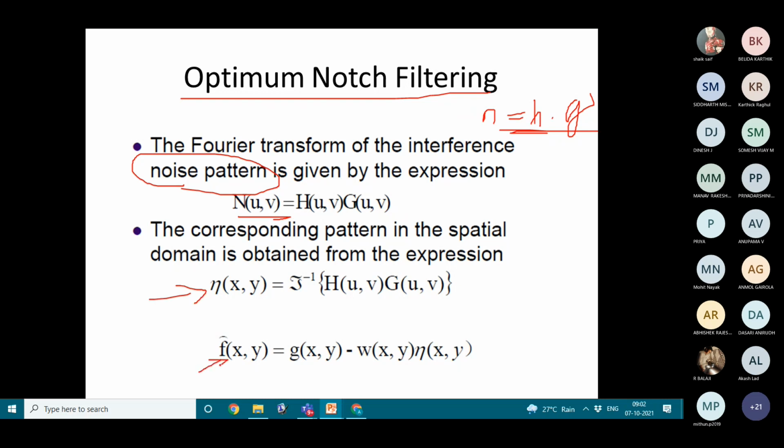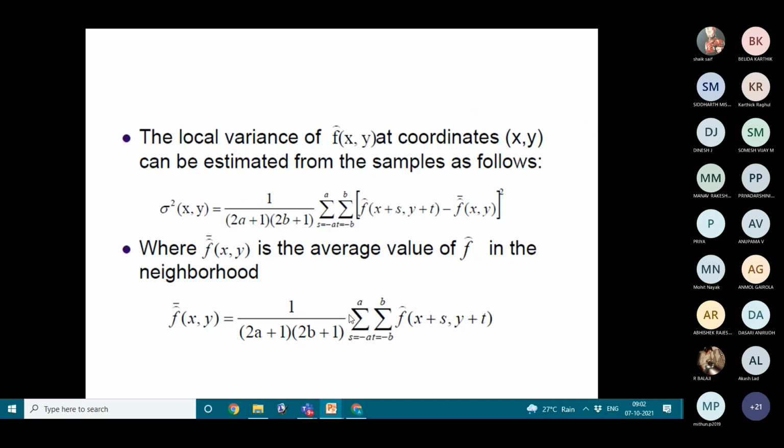And F cap, the restored image, will be G minus W into eta, where W is the weight and G is the original image. Likewise, we can reconstruct the original.